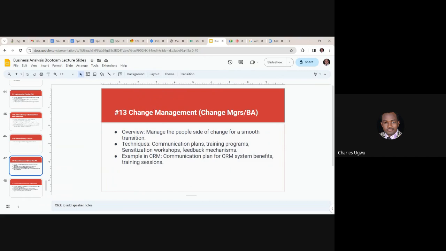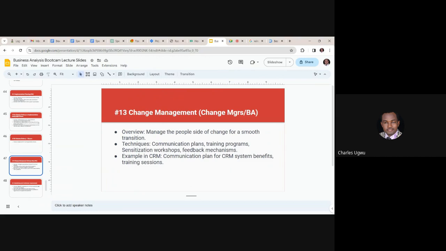Change management: you need to sensitize the members of the organization or the users of that solution about the benefit of the solution you are bringing to them. You need to have a communication plan, how you communicate with them. You need to have a training program. You need to train the users about the new product, how to use it, because they might not know how to use it.